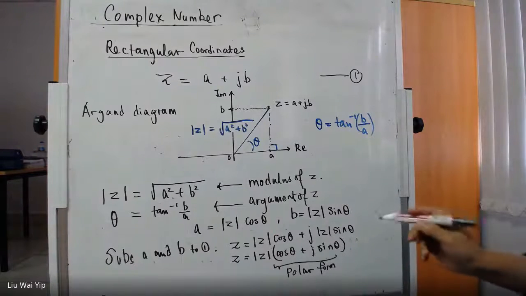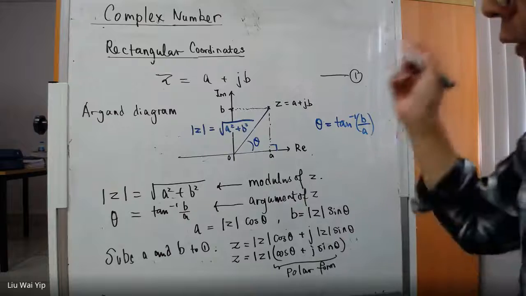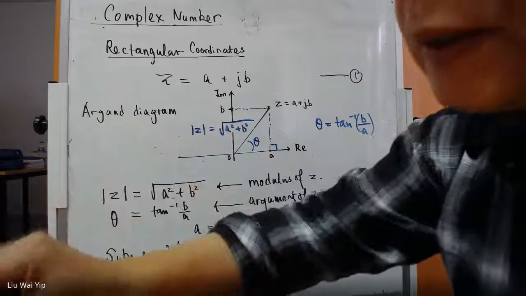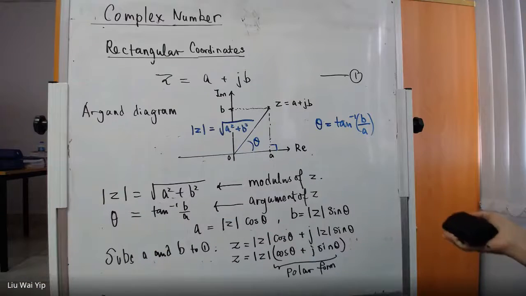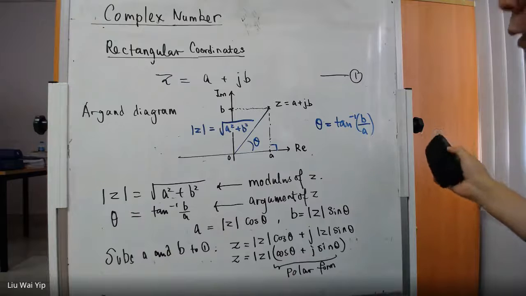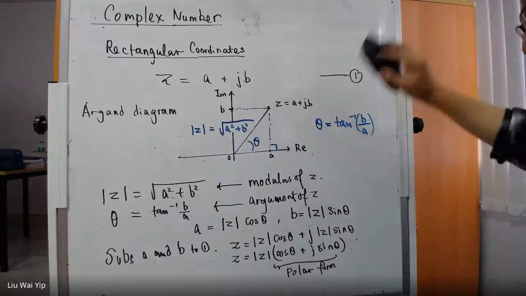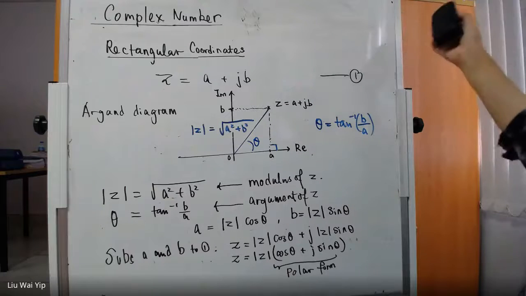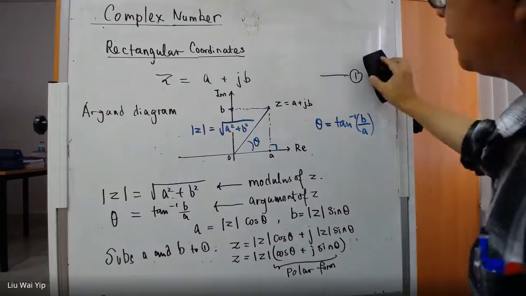Now, we need to continue, because this is not enough to solve complex number problems. So let's erase the board and do a summary of what we have learned today.